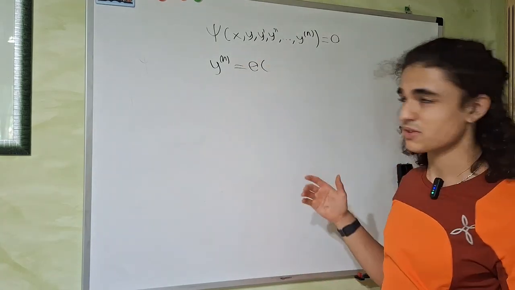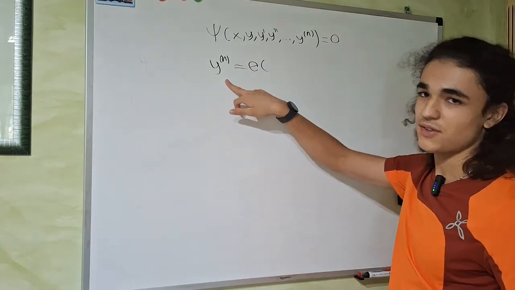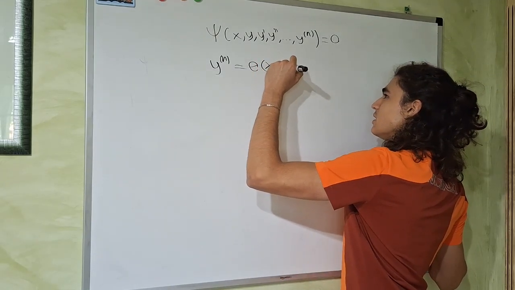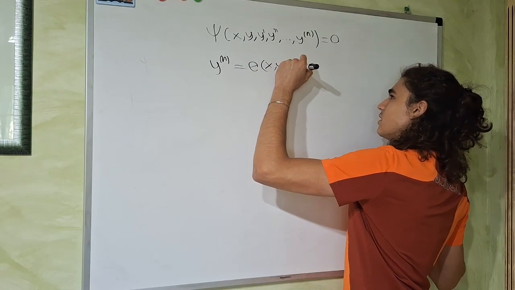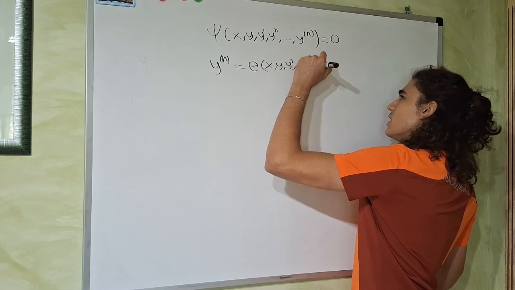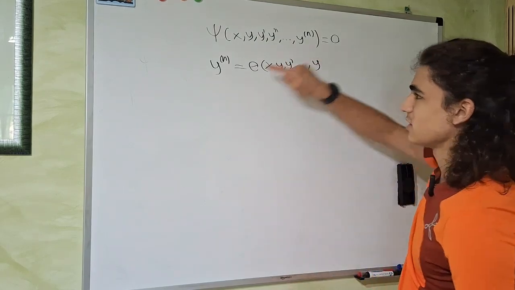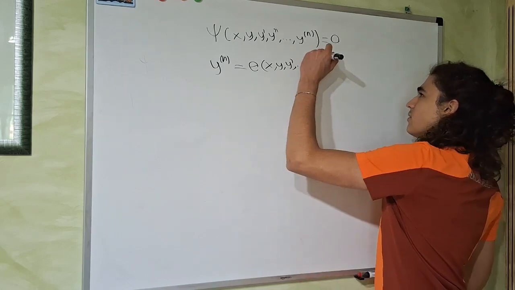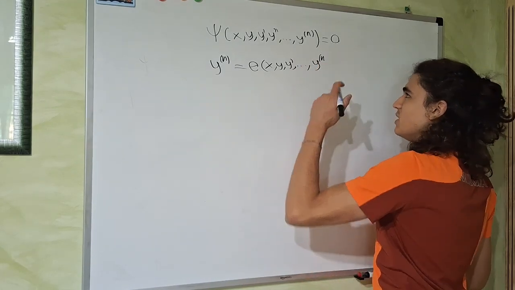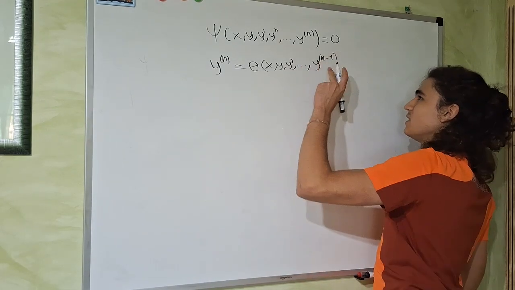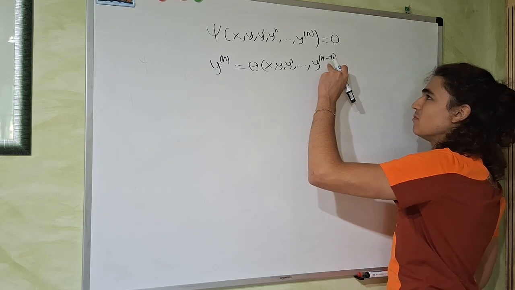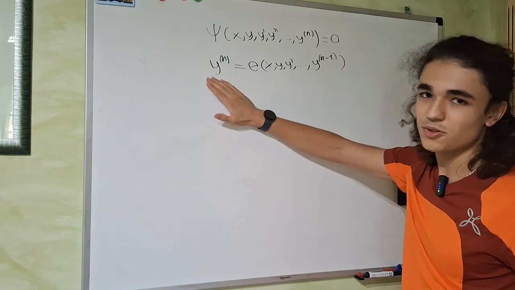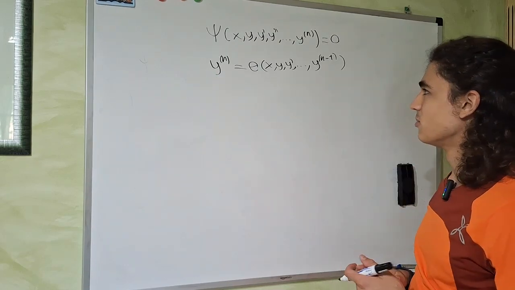Theta is similar to psi, but now we have the nth derivative of y on the other side of the equation, so x, y, and all these other terms, all the way up to the n minus 1th derivative of y. This is called a differential equation in normal form.